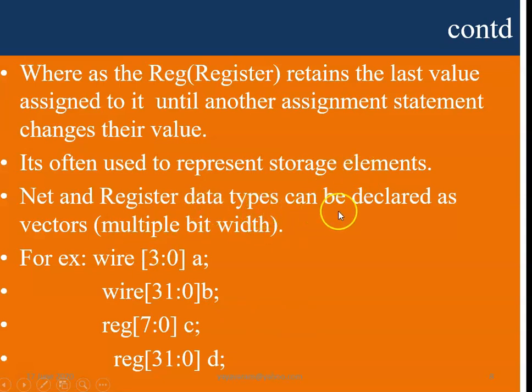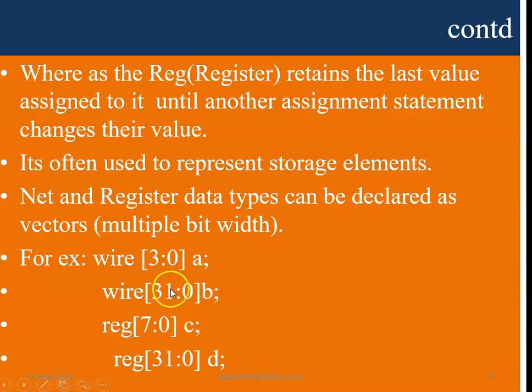Net and register data types can be declared as vectors. Vectors means there are more number of bits, multiple bits. For example, wire 3 down 0 A. That means A is a wire, a kind of interconnect, and it has 4 bits, 3 down 0. Similarly, B is also a wire and a vector. If it is only a single bit, that is, if I say simply A, it's a single bit.